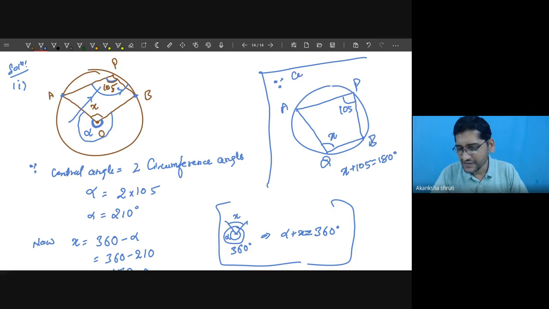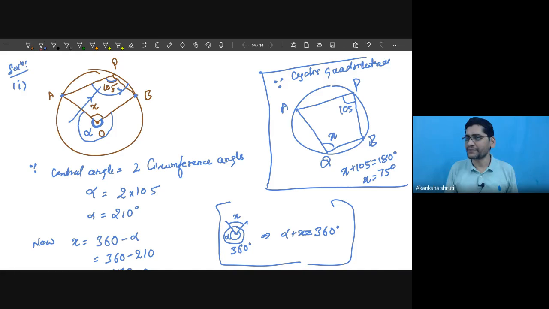Okay, so this is the cyclic quadrilateral. But in question 1, it is the center O, not the Q. Okay, then this X is not 75 degrees. So please do not mix your concepts.